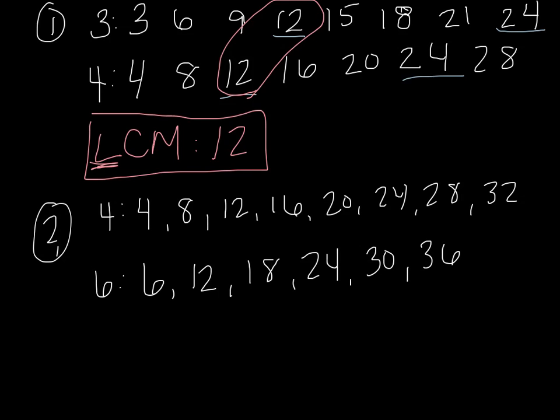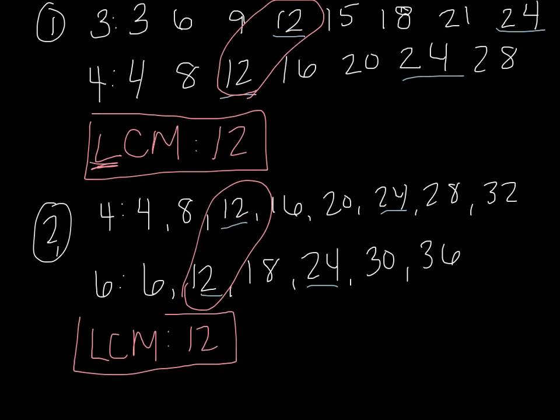Okay, so let's find which ones they have in common. They both have a 12. Both have a 24. That looks like it for what we found. So now which one is the least common multiple? That would be my friend the 12. They both have a least common multiple of 12. 3 and 4 and 4 and 6. How interesting is that?